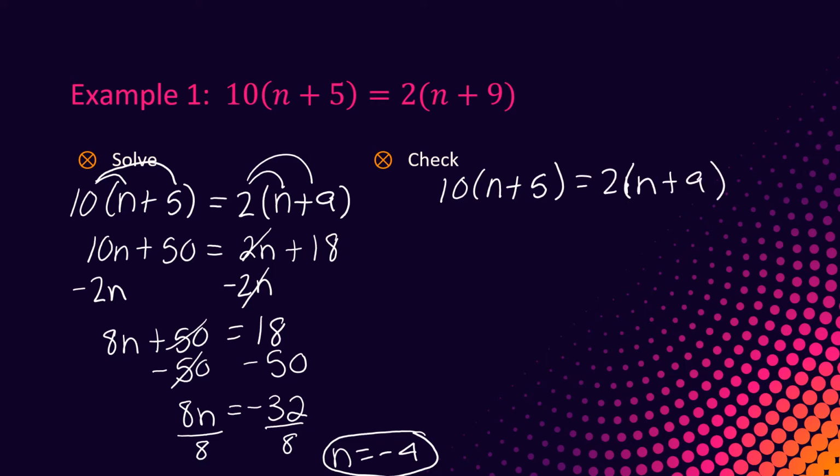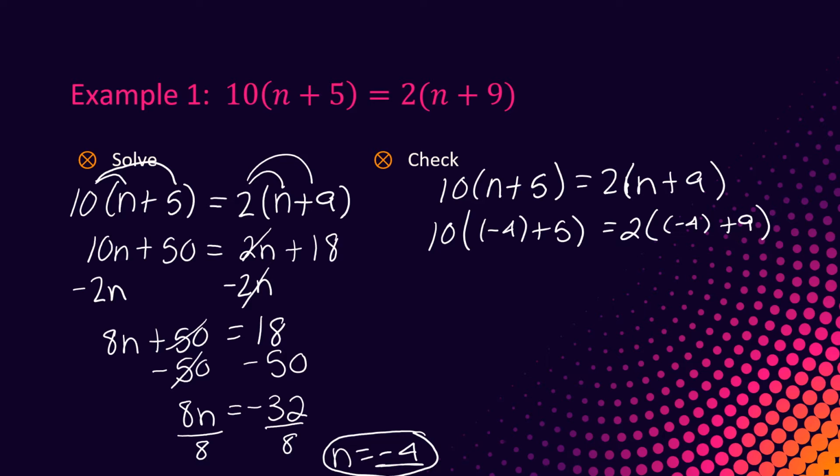And then anywhere you see an n, we're going to plug in negative 4 because that's what we said that n was equal to. We want to be really careful because we're plugging in a negative. So if you need to, you can put that in parentheses. I guess in this case, it's not a big deal, but just to be careful.